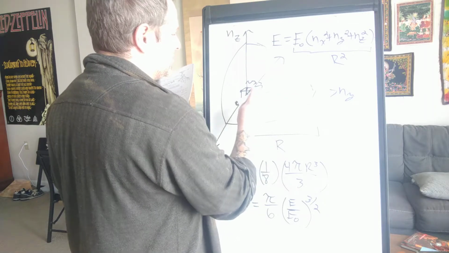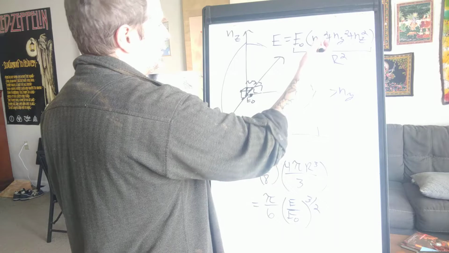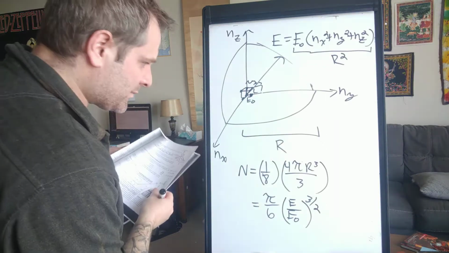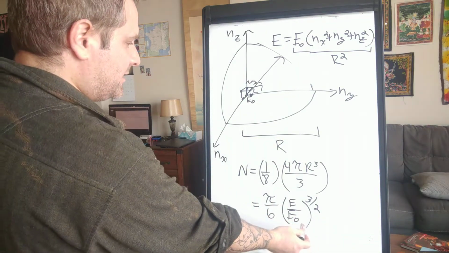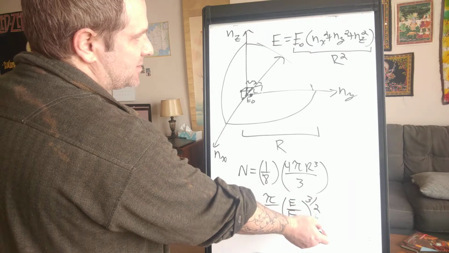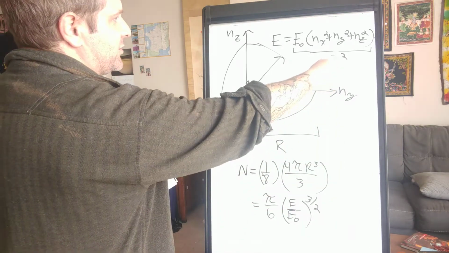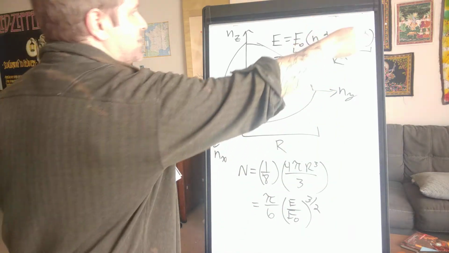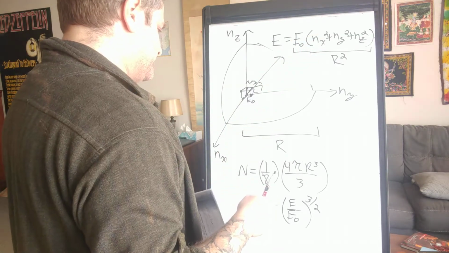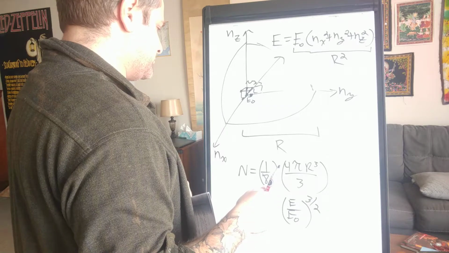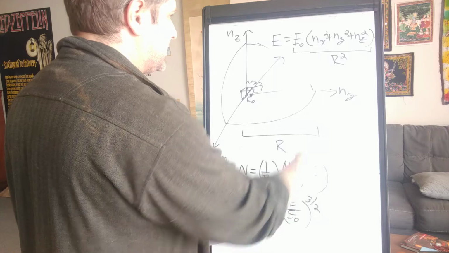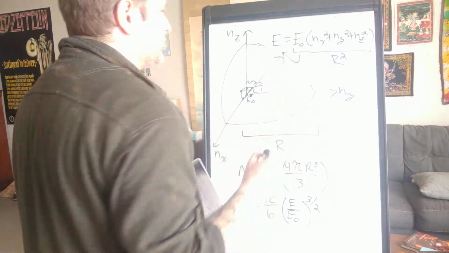That first excited state, if it was this one here, would be nx, ny, nz equals 1, 0, 0. So then that gives us this line down here, because we've got this cube, and this square root is the square root we get from this actually being the r squared, not the r. So we're just substituting this for this, and of course this E naught gets moved over there.